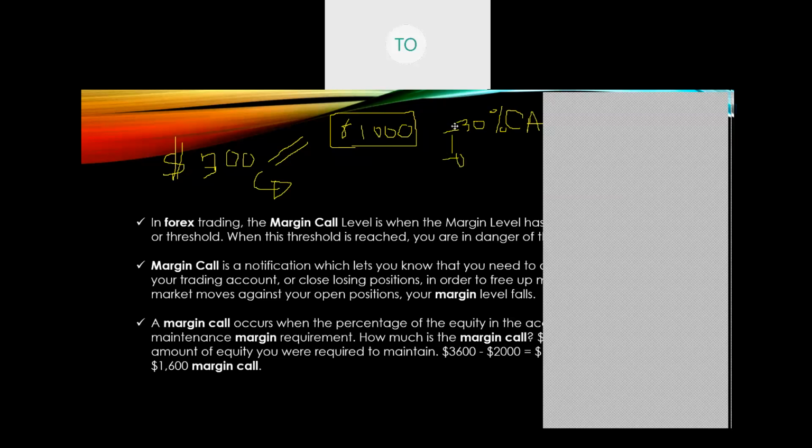Now, that in itself is not bad. Basically, that's protecting your capital. So if you start trading and you suddenly lose 300, then the system will actually kick you out. It'll kick you out because now you have a balance of 700, and you set the system to kick you out at 30%.